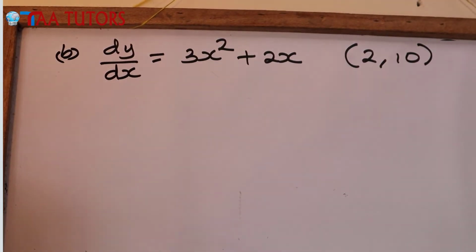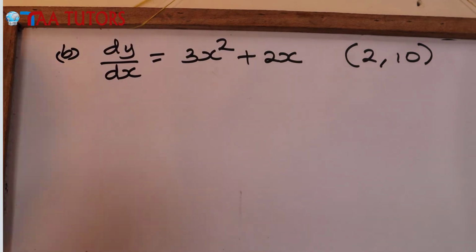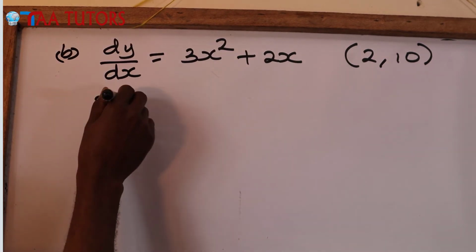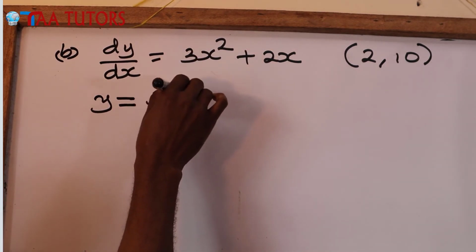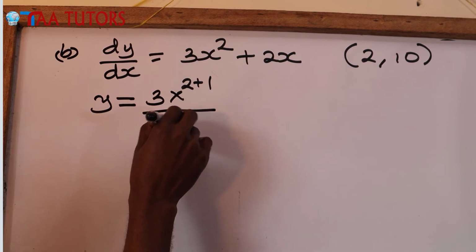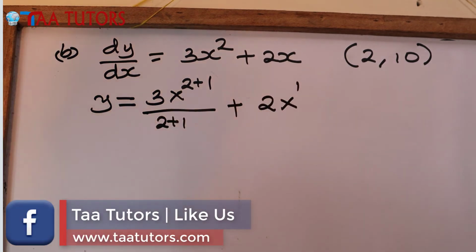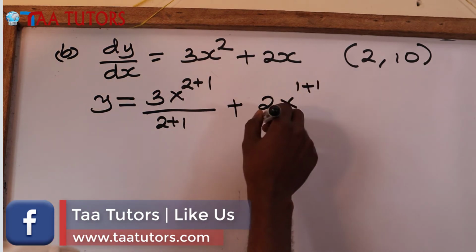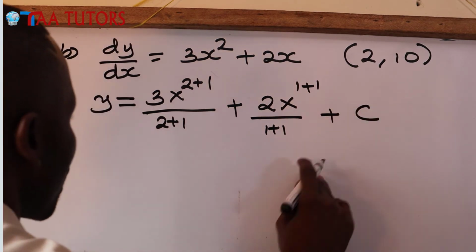Let us see part B. We have the gradient function being 3x squared plus 2x, and it passes through the point (2, 10). The first thing, like I said, let us get y. Let's integrate. So it will be 3x to the power 2 plus 1 over 2 plus 1, plus 2x, and we know x is the same as x power 1, plus 1 over 1 plus 1, plus c.